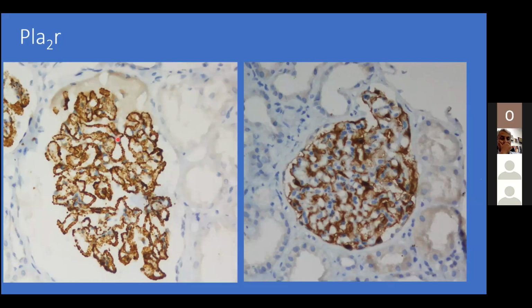For comparison, on the right side, this is the negative. Normally the PLA2R antigen, though present, is present in the cytoplasm, not along the capillary wall. Okay, so this we should take as negative. To say positivity, this PLA2R should be present along the capillary wall and it should be coarse and granular. Okay.